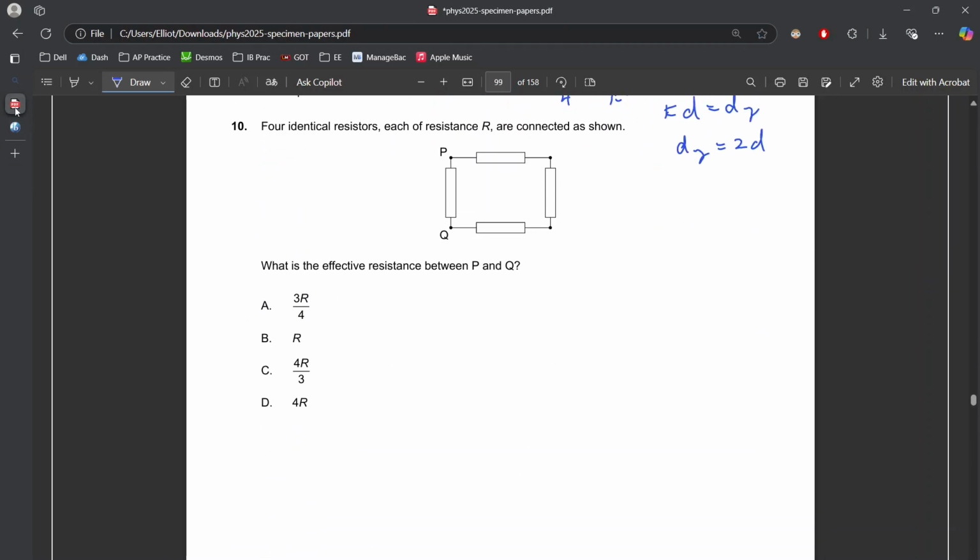Okay, 4 identical resistors, each resistance R, are connected as shown. What is the effective resistance between points P and Q? No idea. There's one resistor here. Oh, maybe I have an idea. Alright, so we can consider this like they're in parallel. So Q wants to get to P, right?